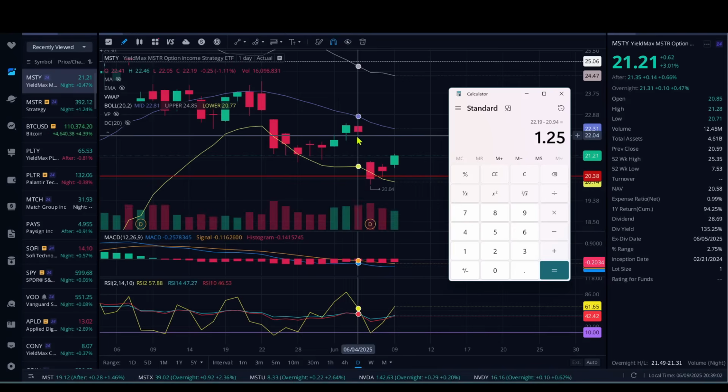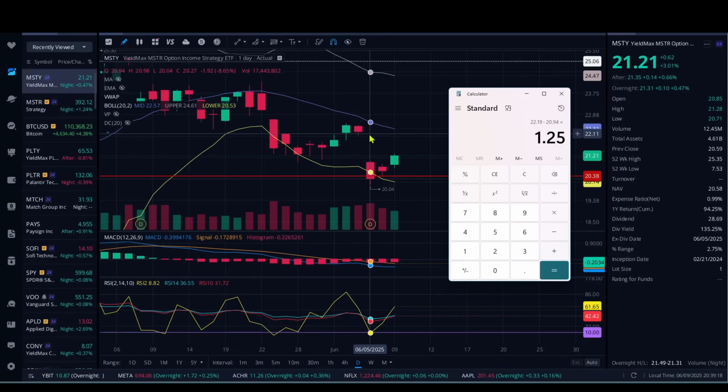Because if it did not, and you closed the day before X date at $22, just using a round number, and if you got paid out $1.50, and then on the X date it was still opening at that previous close of the day before, $22, then basically you could buy the day before at 22, sell on the X date at 22, meaning it didn't cost you anything to own the stock or ETF, and you also made $1.50.